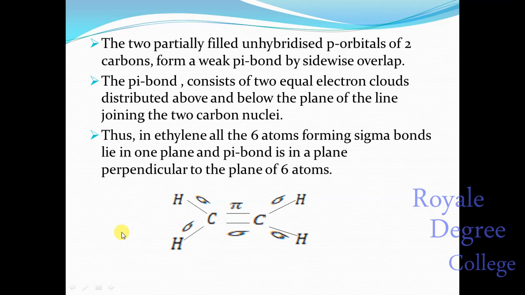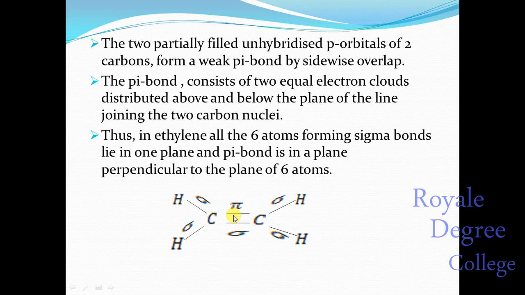Thus, in ethylene, here you can see the structure. In ethylene, all the 6 atoms, what are those 6 atoms? 2 carbon and 4 hydrogen, forming sigma bonds, lie in one plane. And the pi bond is in a plane perpendicular to the plane of the 6 atoms.